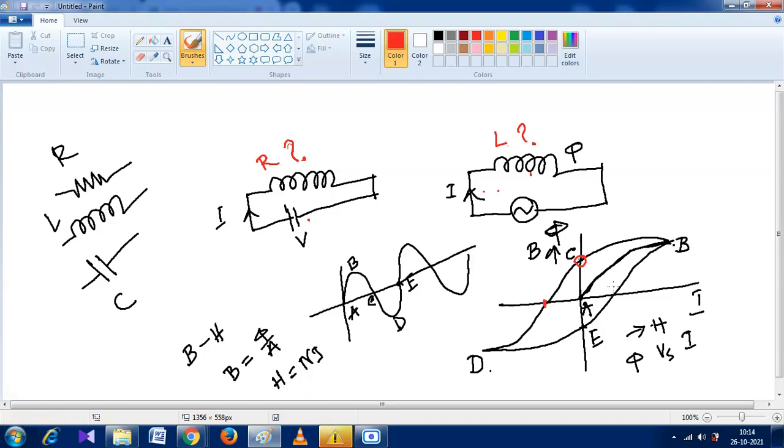That means there, the value of flux is zero, not the value of current. At point C and point E, the value of current is zero. So after that, we move to the next topic.